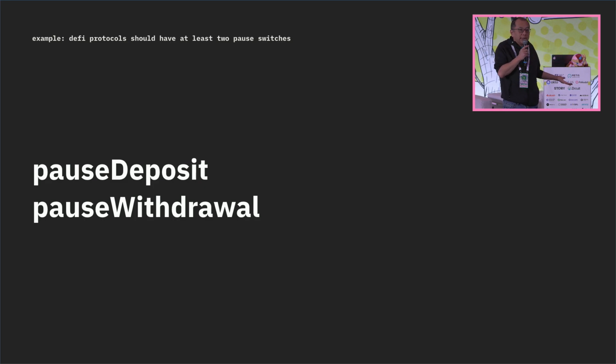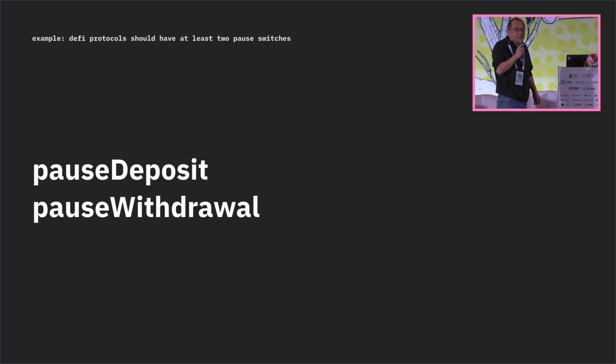Or you can pause it, which means you stop for that moment while you investigate and decide whether to upgrade the contract or simply, okay, it's not a big problem, you restart. So for DeFi, at least have those two. You may have more. You may pause trading, but at least stop deposit and stop withdrawal when something happens. Protect yourself and protect your customers.